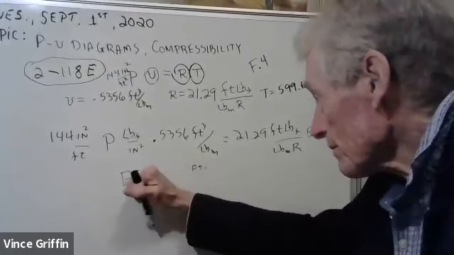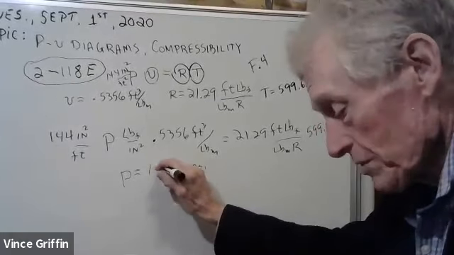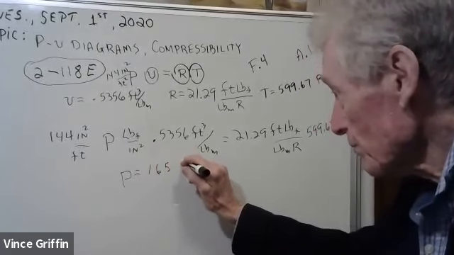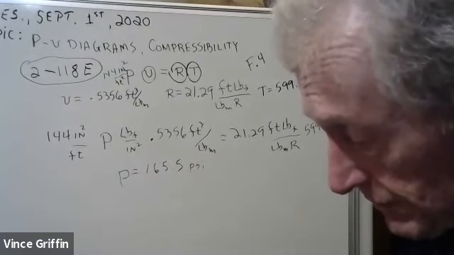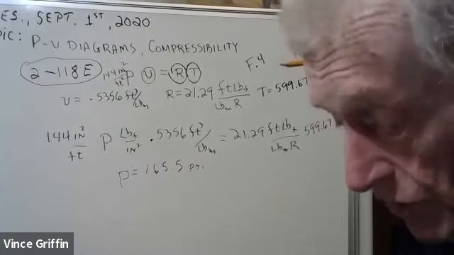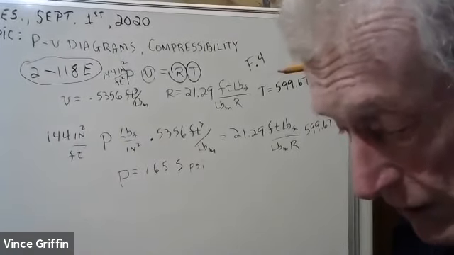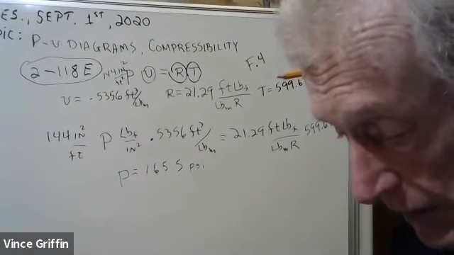Hey, good going. I'm getting 165.5. Anybody getting that? I think I was wrong the first time. Is that what you got? That's what I got. Yay. Anybody else? I got 165. Good. Excellent.